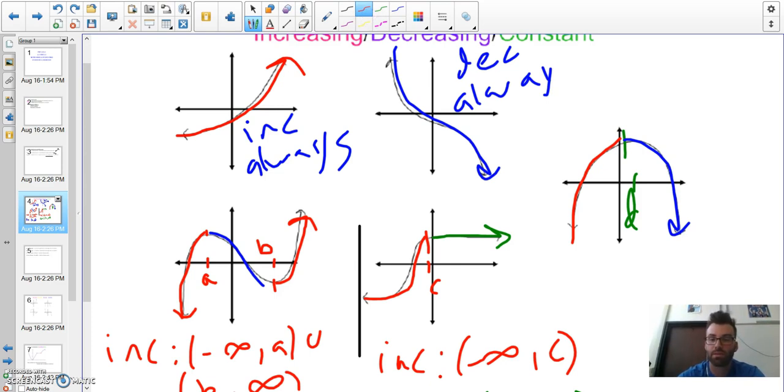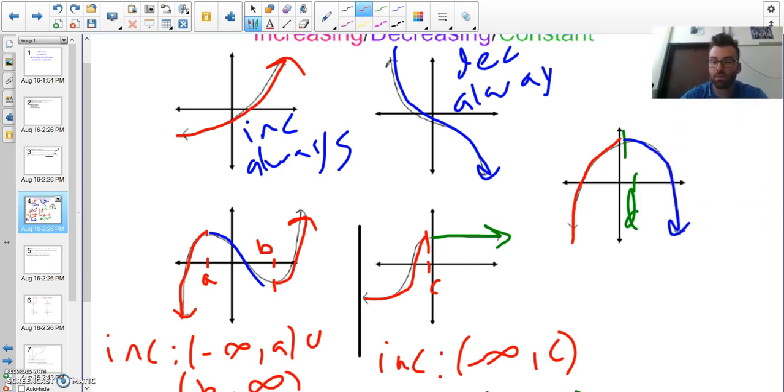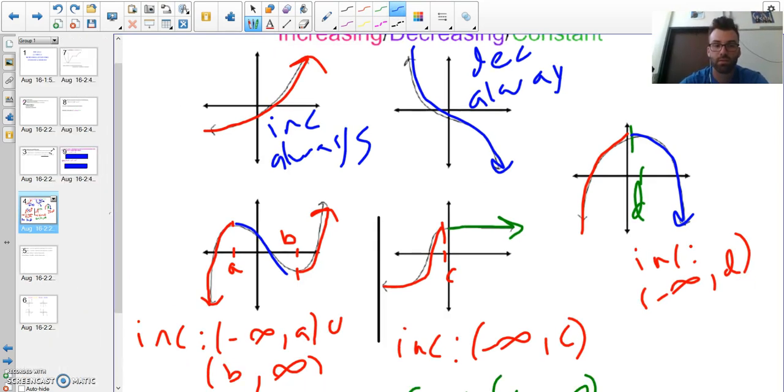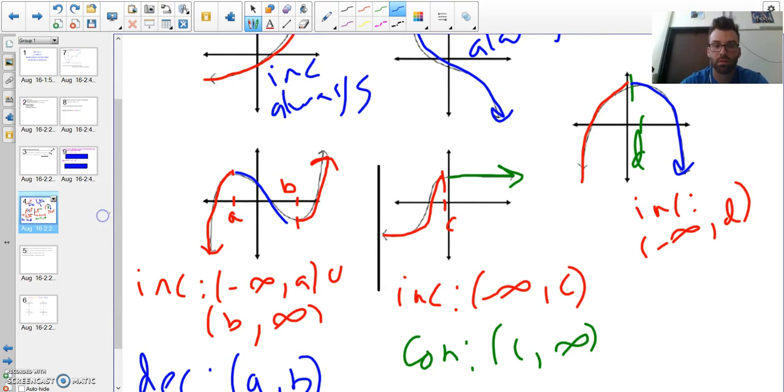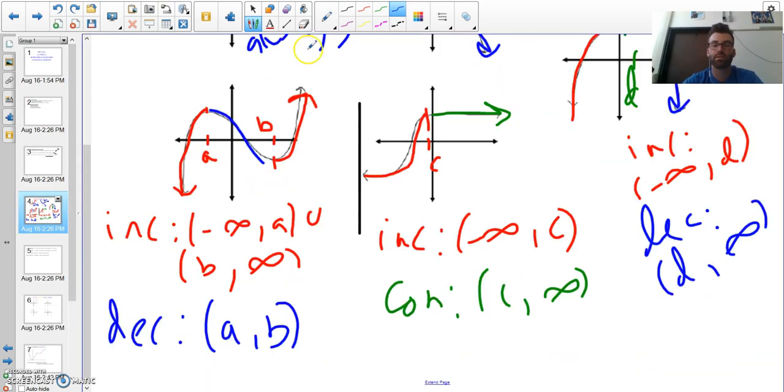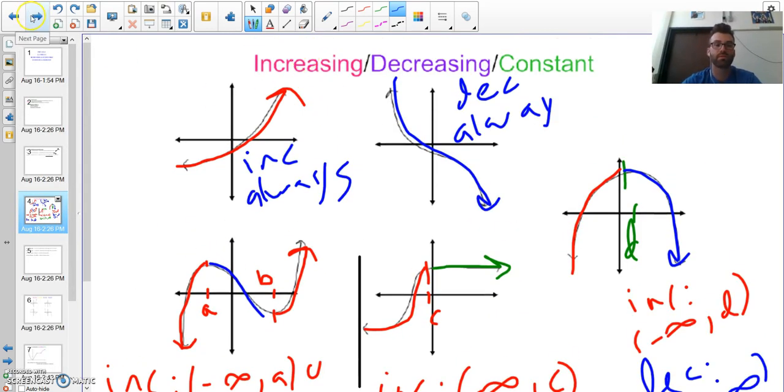So I'm increasing from negative infinity to D, and I am decreasing from D to infinity. So that's increasing, decreasing, constant. We're going to dive some more into that a little bit.